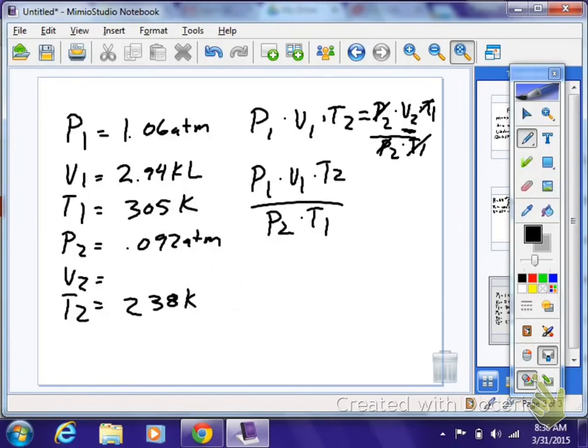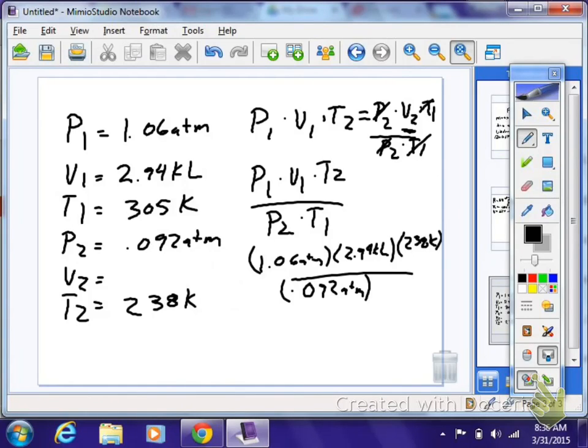So I got 1.06, volume 2.94 kiloliters, temperature 2 is 238, divided by pressure 2, 0.092, divided by T1, 305. That's what you should get.